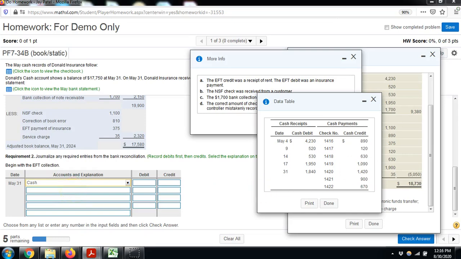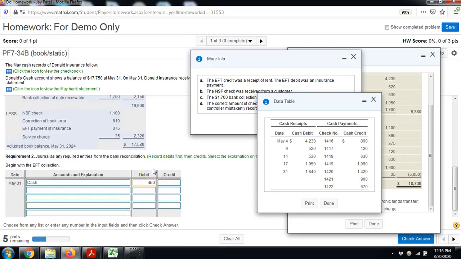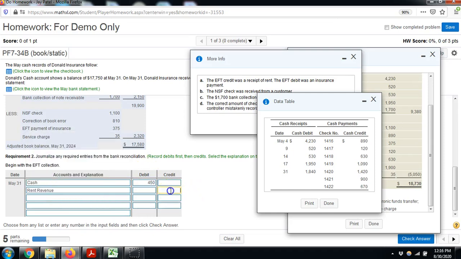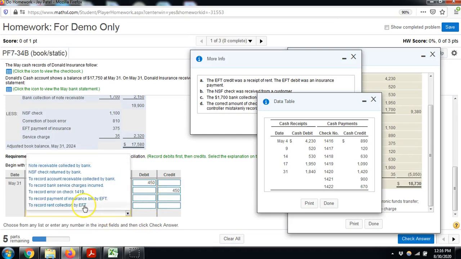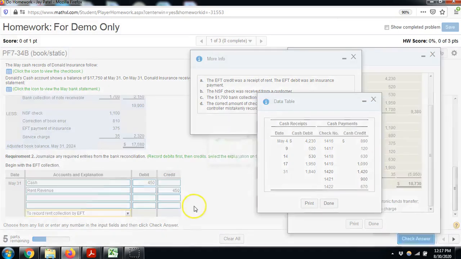So we get cash of $450. And what was it for? It was for rent. It was rent revenue. So we memo it.